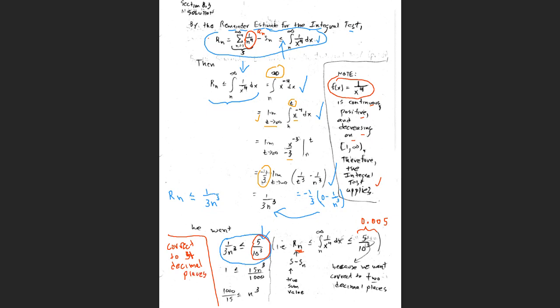In that situation, if you wanted your estimate to be correct to 4 decimal places, then you would set your remainder less than or equal to 5 over 10 to the what power, if you want accuracy to within 4 decimal places? What would it be, Yonatan?